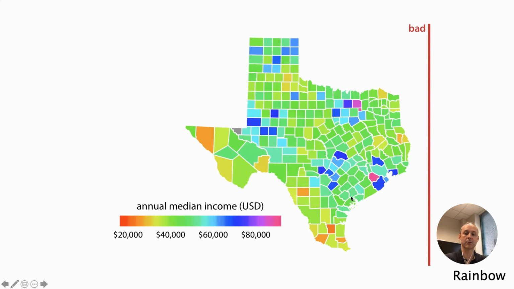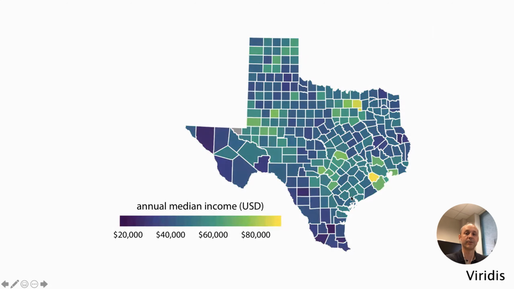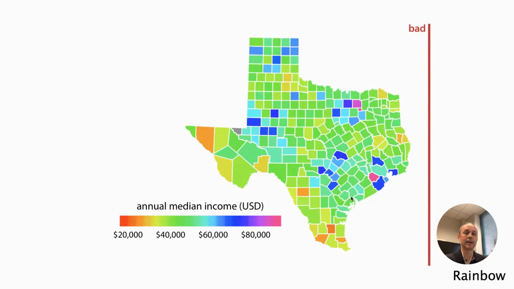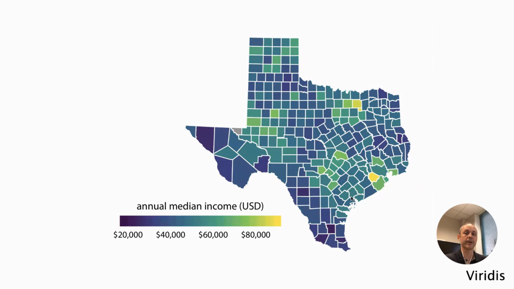And so this strong gradient that we had with the Viridis scale really totally goes away with the rainbow scale, right? And also the Viridis scale was very clearly highlighting the richest counties. And then it's also nicely showing this area over here. So this is the Midland, Texas oil area. It's not the richest area in Texas, but there's a lot of wealth.